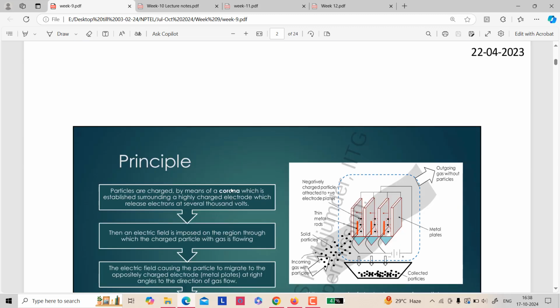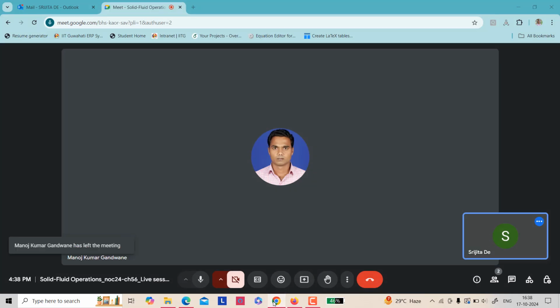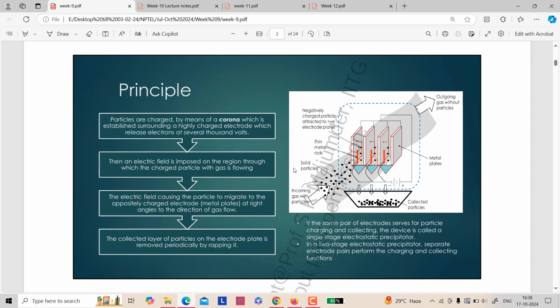So here particles are separated depending on the difference in the charge of the electrode. Particles are charged by means of a corona which is established surrounding a highly charged electrode which releases electrons at several thousand volts. Then an electric field is imposed on the region through which the charged particles with gas are flowing.